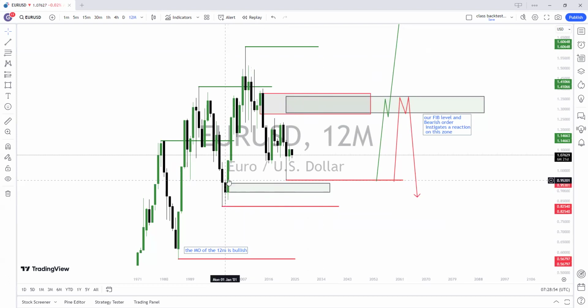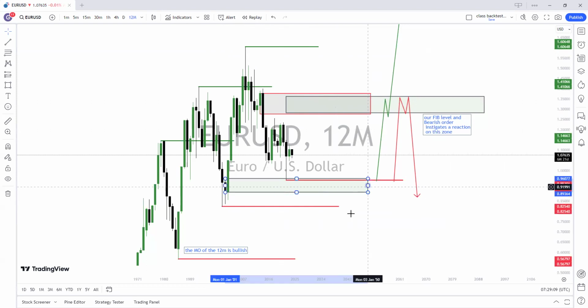It came to the wick of it. We extend it to this wick right here. You can see that it tapped it. Immediately it tapped it, it ran up, which gave us a higher low. And we know that this order block is resting right here. Now it is in line with this low.